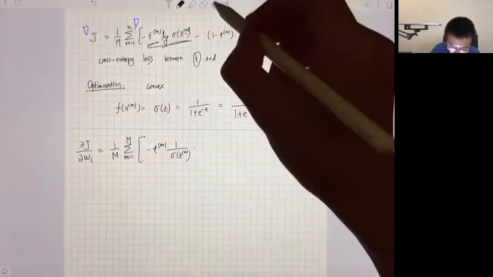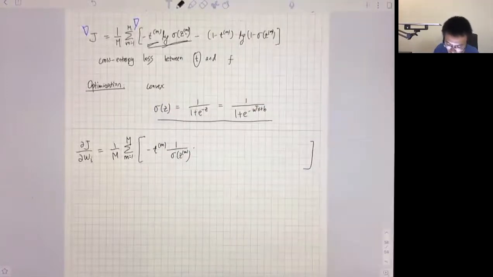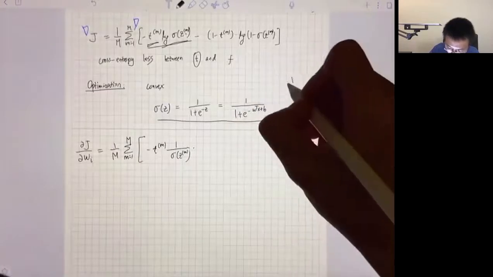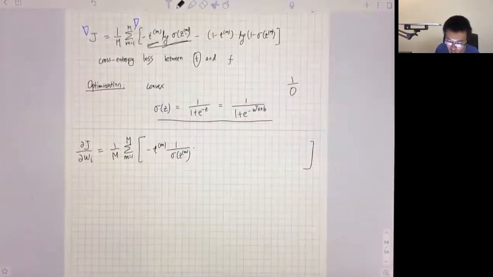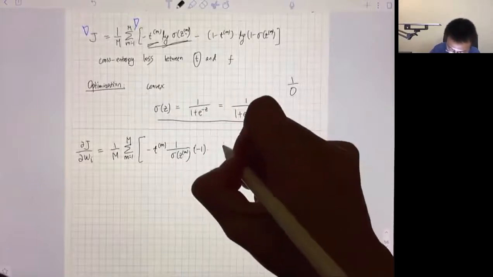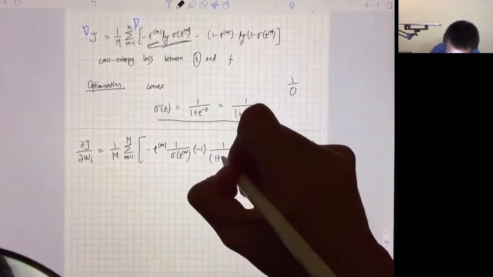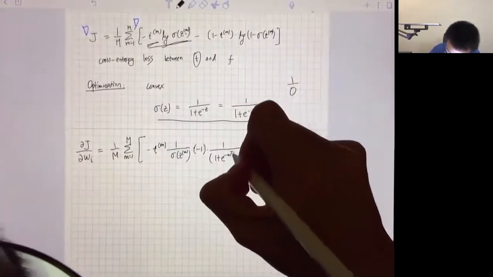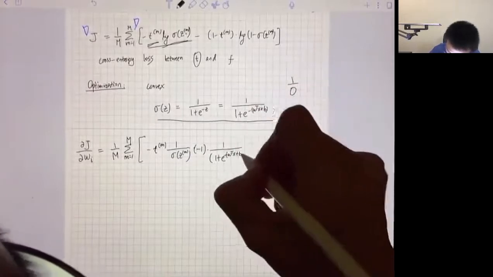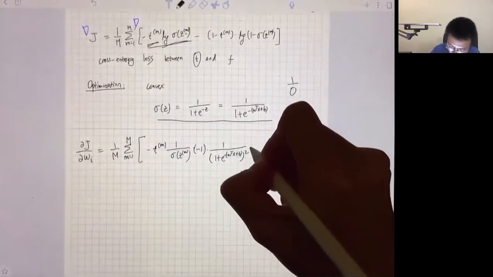So sigma z is actually this term, right? So now I'm going to compute the partial derivative of this term. It's 1 over something. The partial derivative of 1 over something is minus 1 times 1 over something squared.